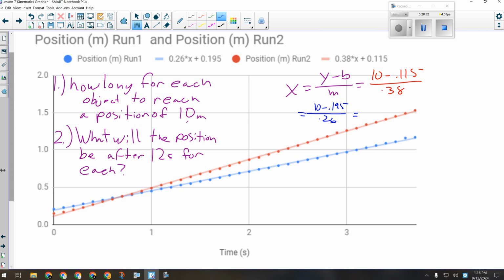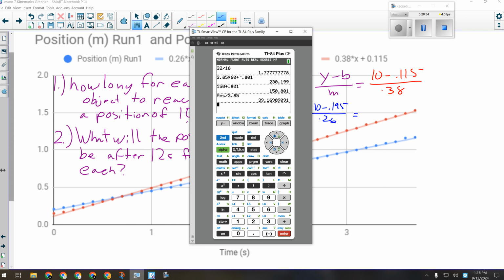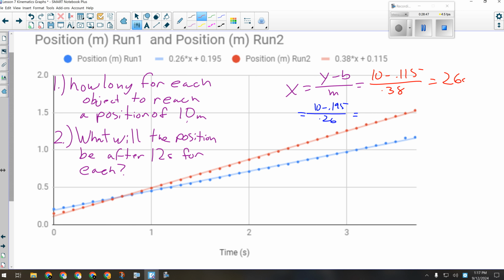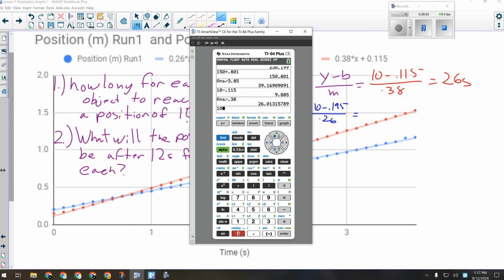Okay, let's do those calculations. 10 minus 0.115 divided by 0.38. So it'll take 26 seconds for the red one. And for the blue one, 10 minus 0.195 divided by 0.26.